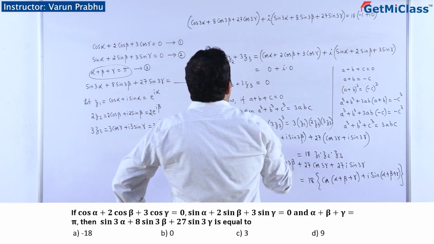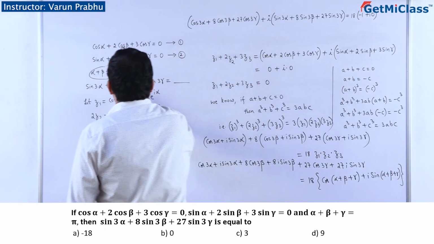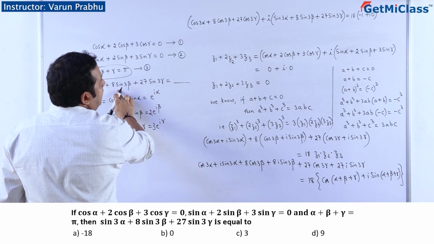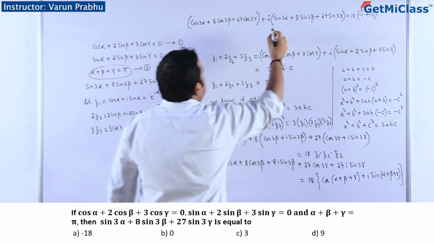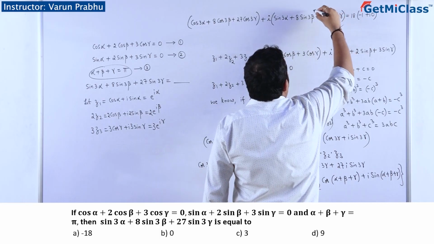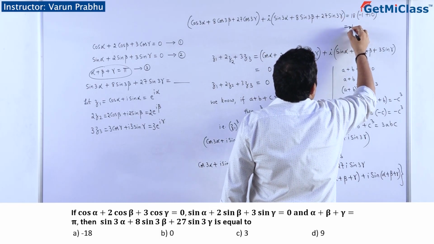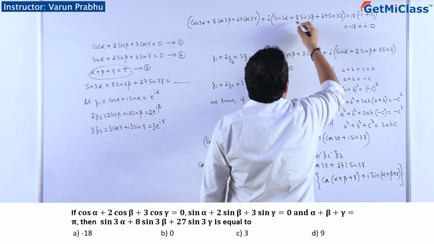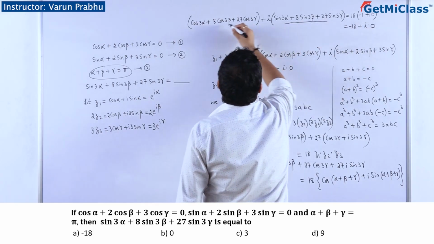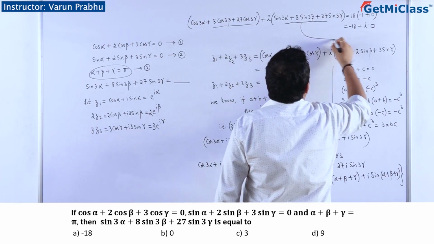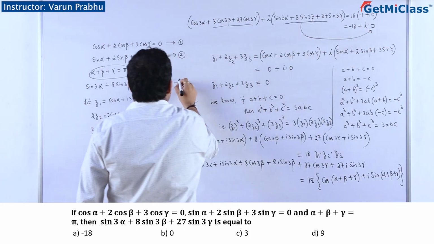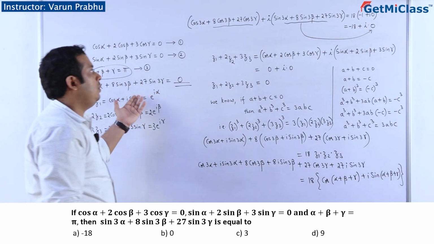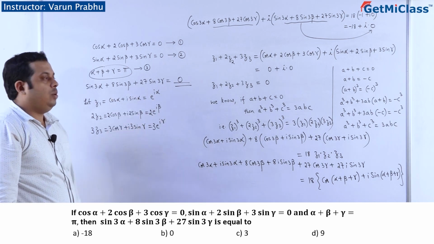Correct or not? So the question is asking for sin 3 alpha plus 8 sin 3 beta plus 27 sin 3 gamma. You compare the real and imaginary parts. I can write minus 18 plus i into 0. So the real part will be equal to minus 18 and the imaginary part will be equal to 0. So the answer to the question is 0. This is a very important question, students.